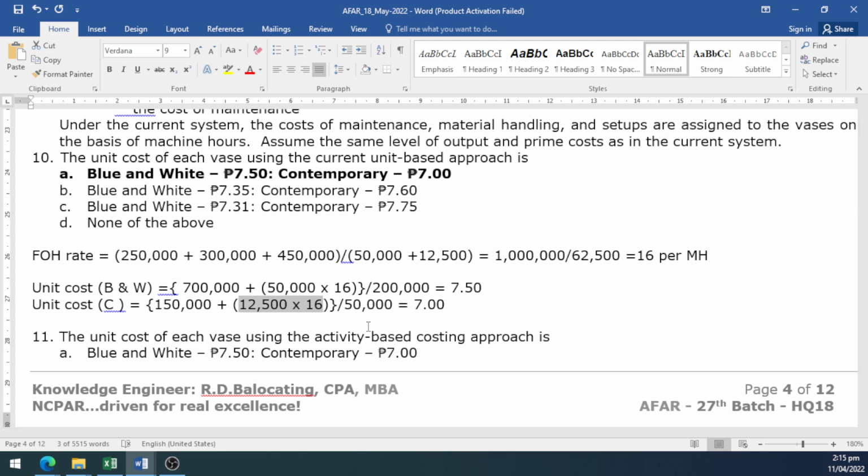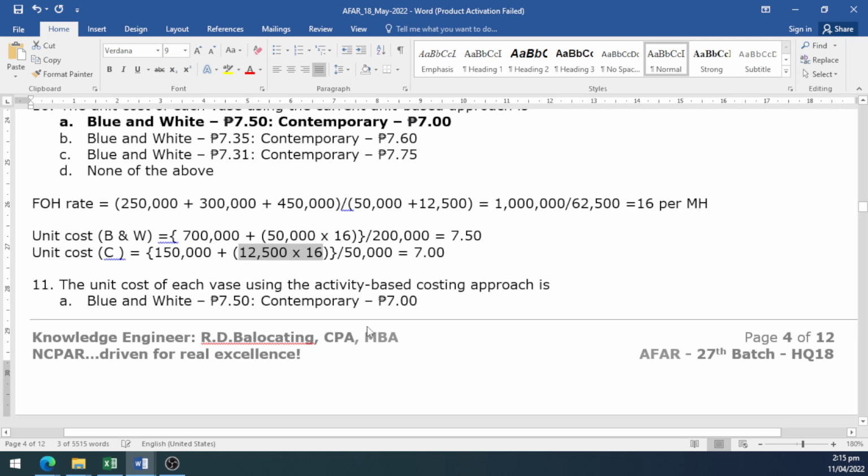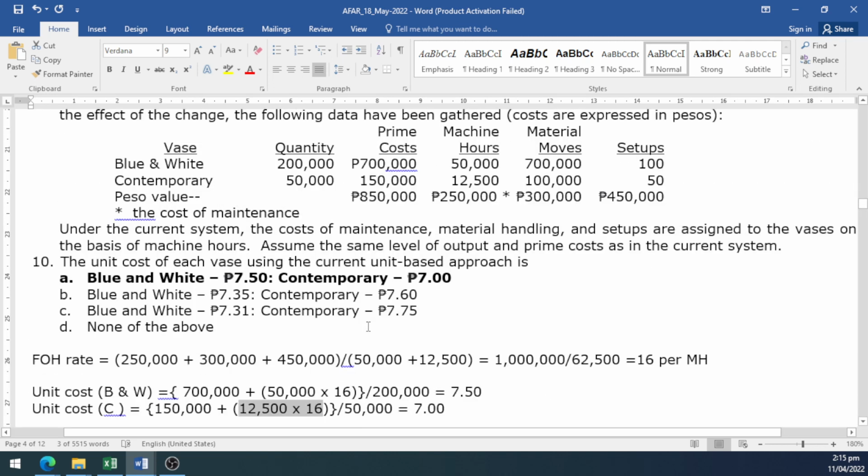Next. If we use activity-based costing, tatlong klase ng activity ang involved dito. The overhead is made up of 3 cost pools. Maintenance rather, driven by machine hours. Materials handling, driven by material moves. Then setup cost, as driven by setup. We shall compute 3 cost pool rates or 3 activity rates.